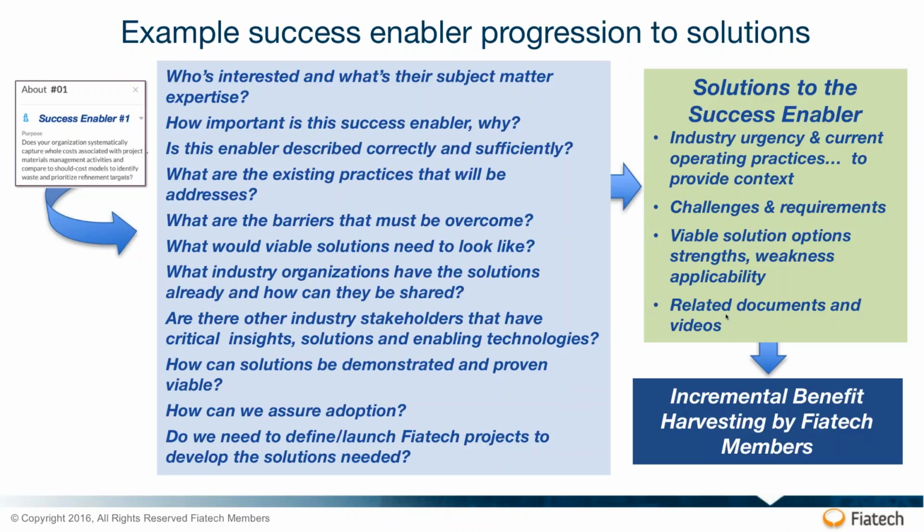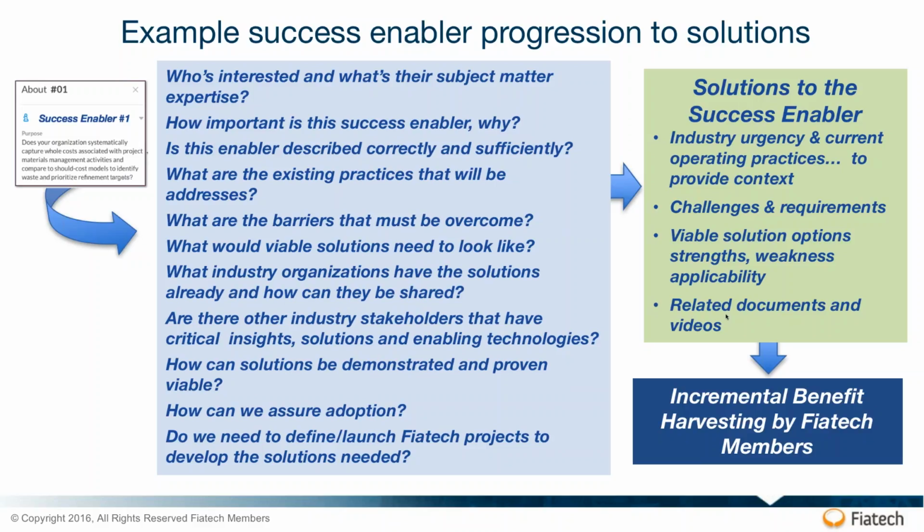Yeah, I have a question. As we look at this slide and this process, let's talk about how that works in practice within Slack. So, who's interested and what's your subject matter? We have someone interested in enabler number 30, and they go into that particular chapter and say, this is who I am, this is my background and my expertise, and then they start this dialogue, and there are other people interacting.